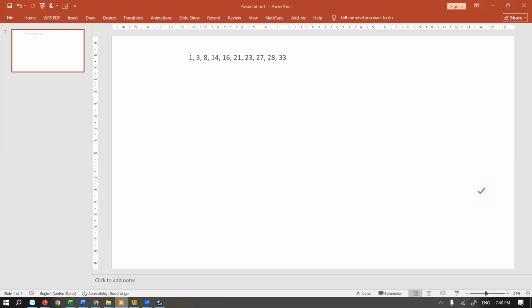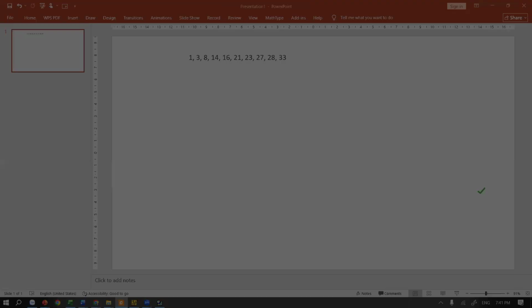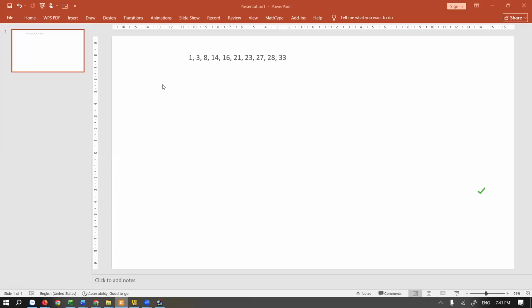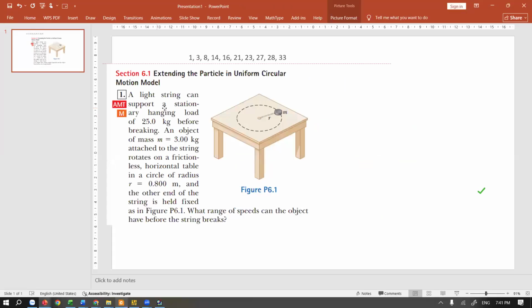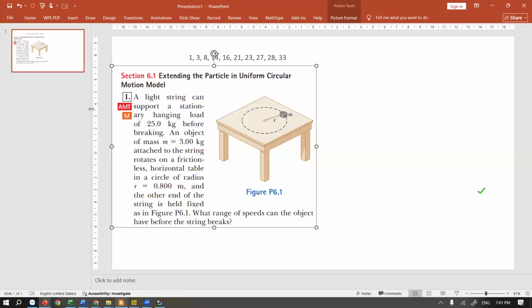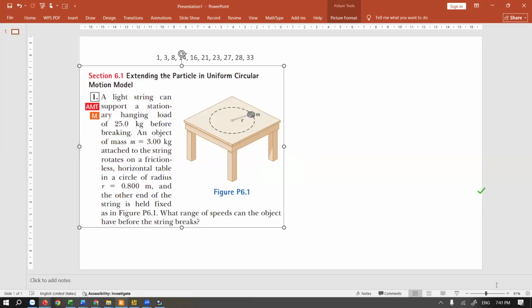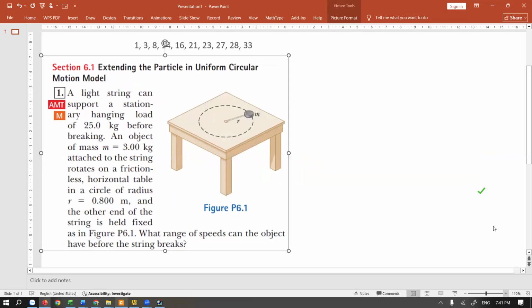For problem number 1, okay, let's try to solve this.